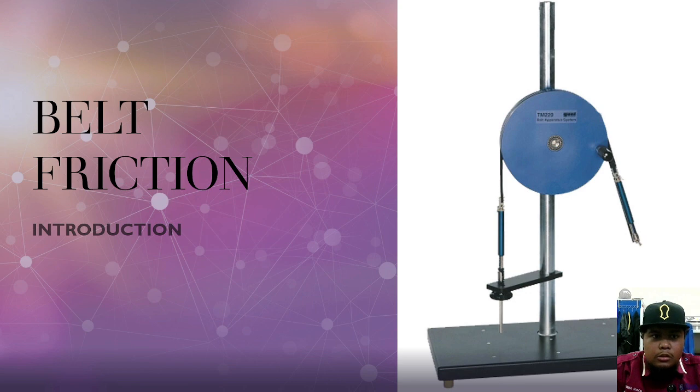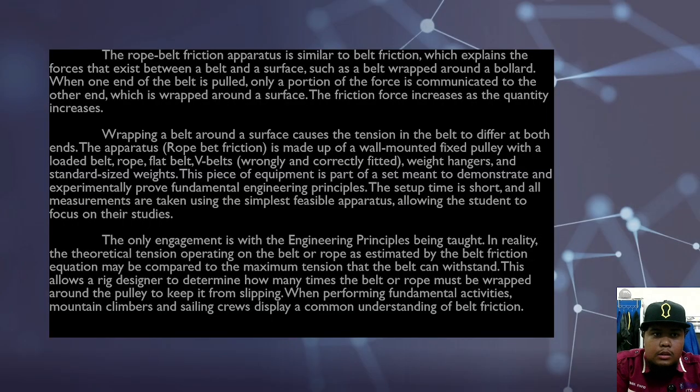Okay, today I want to present belt friction for introduction. The rope belt friction apparatus is similar to belt friction, which explains the force that exists between a belt and a surface, such as a belt wrapped around a rod.